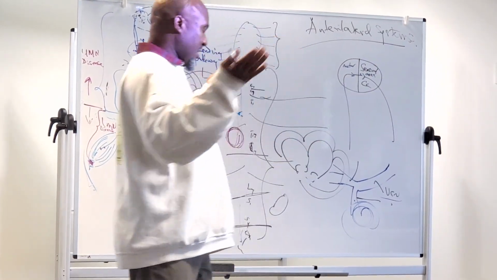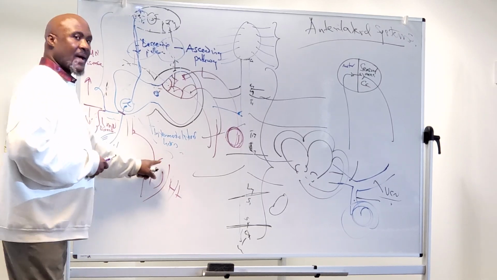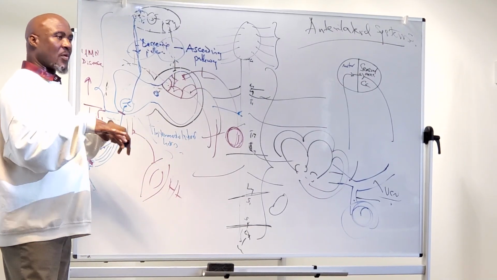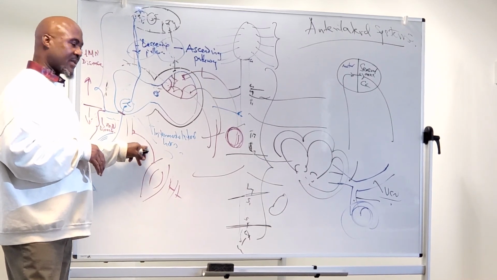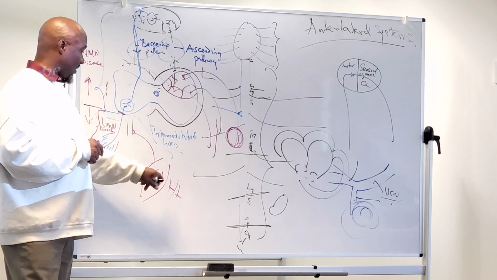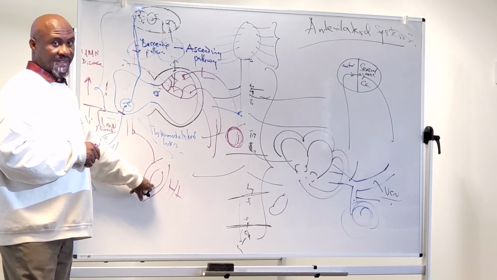We don't know, but these are possibilities. This nerve can be affected. Spinal cord, no problem. Brain, no problem. This nerve is affected, it will affect this muscle, and that's going to be a lower motor neuron disease.